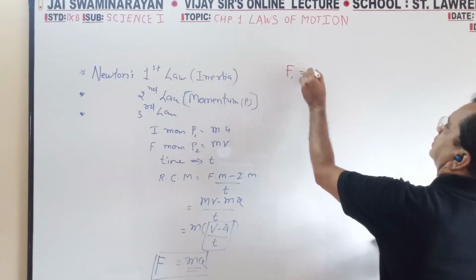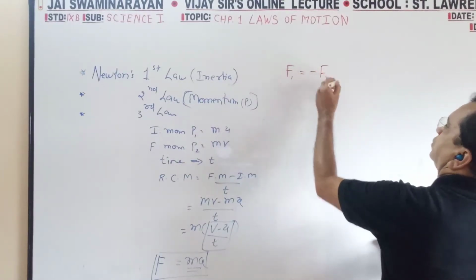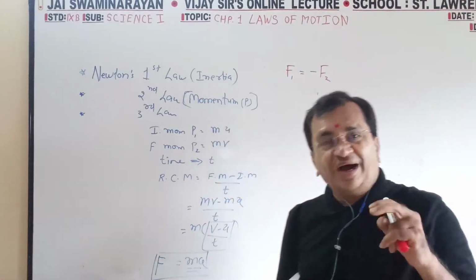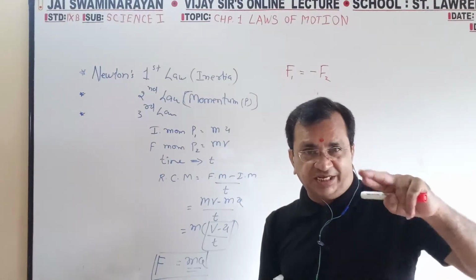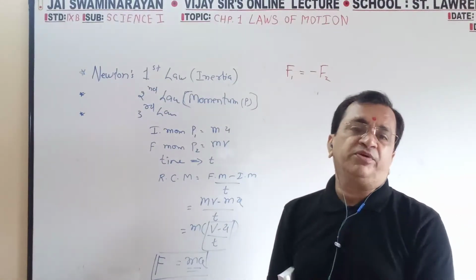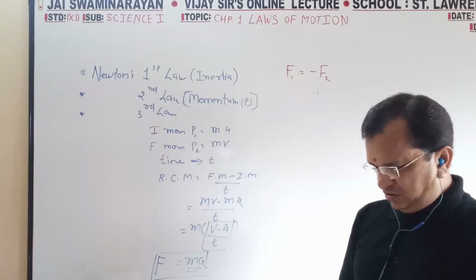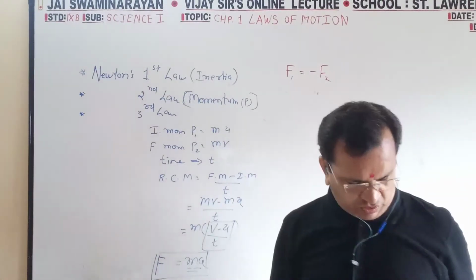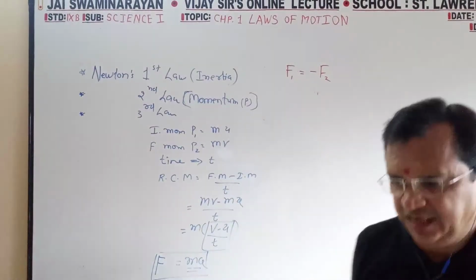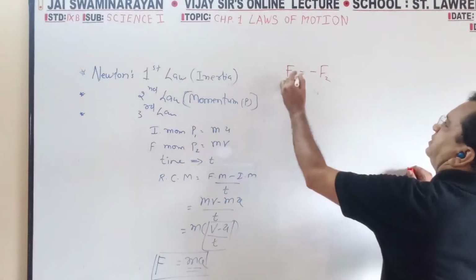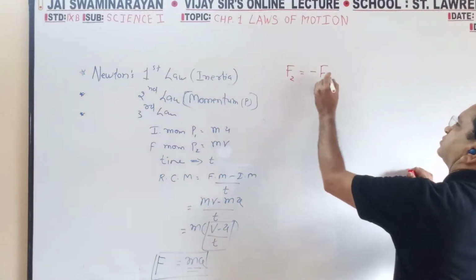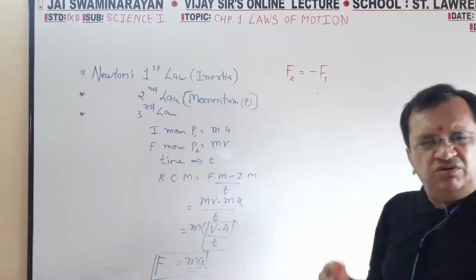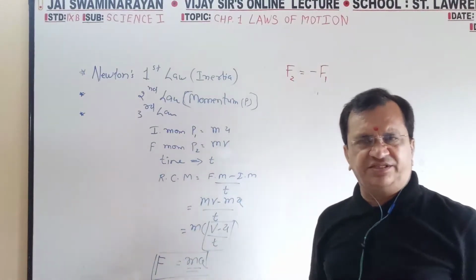Force 1 is equal to minus force 2. Why have I written minus? Because it is in the opposite direction. You can also write force 2 as the opposite of force 1. Both give the same derivation at the end.